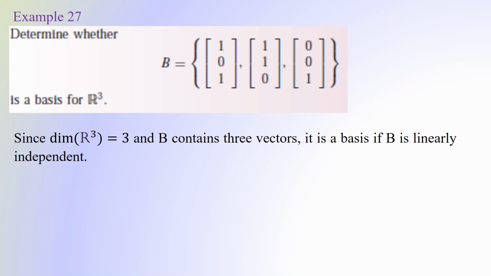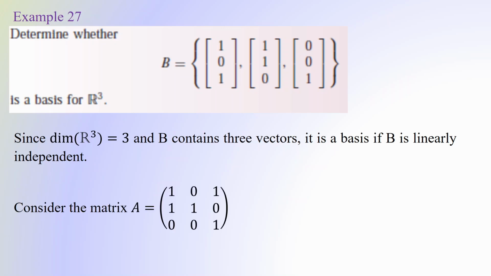Since the dimension of R3 is equal to 3 and B contains three vectors, if B is linearly independent, then it is a basis. So we want to consider whether this B is linearly independent.